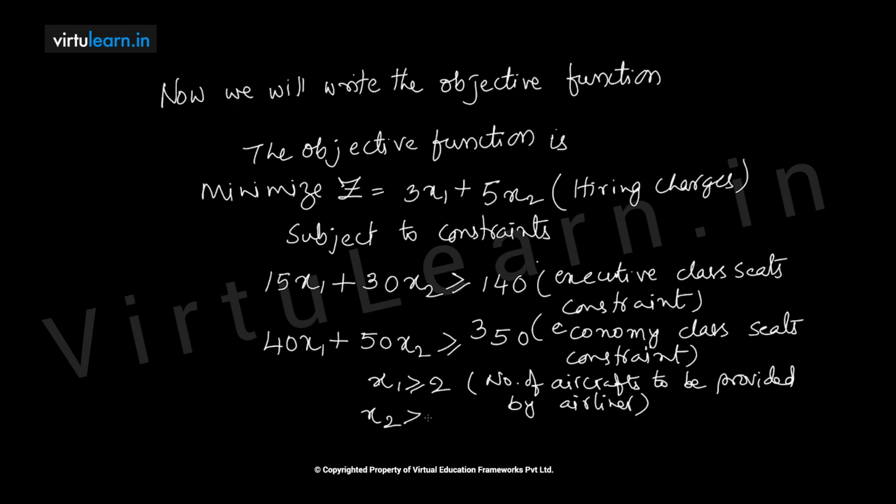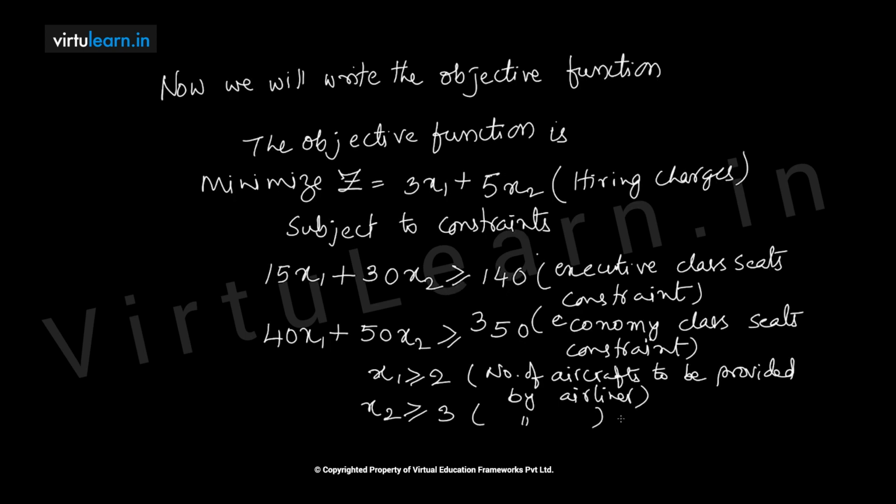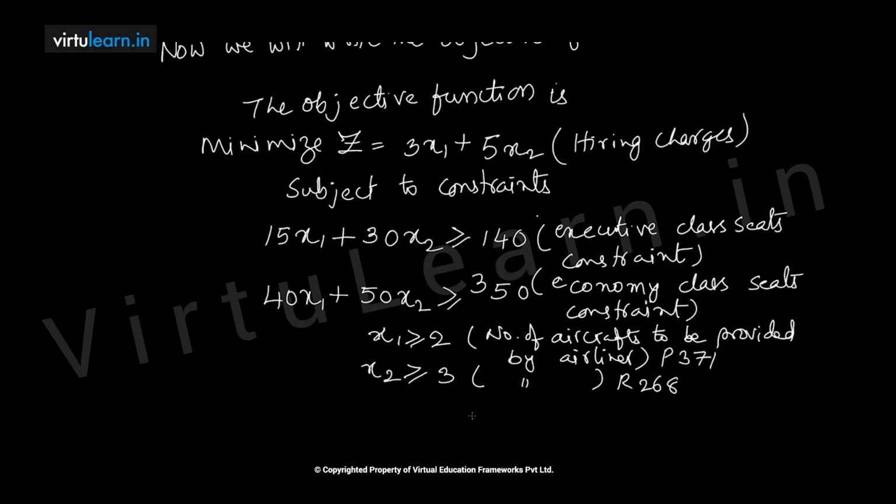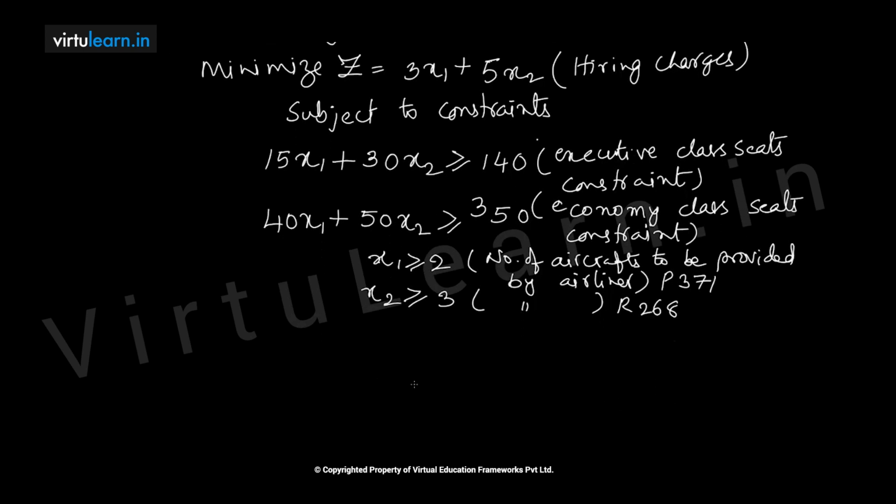There is a constraint that the same thing is to be provided, where x2 is the number of R268 planes and x1 is the number of P371 planes.